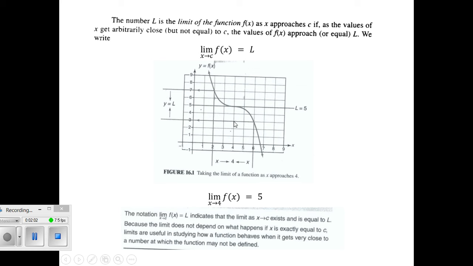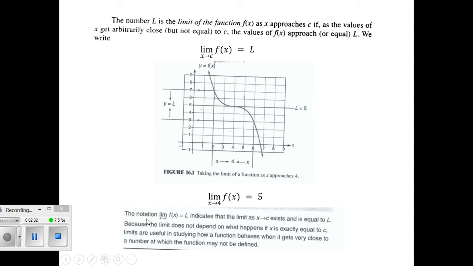If upon each approach from the left and the right, we're moving towards a definitive value, then we can say the limit as x approaches 4 for this function will be equal to that value, in which case it's 5. So that's where we write this. The limit as x approaches 4 for this function is equal to 5.